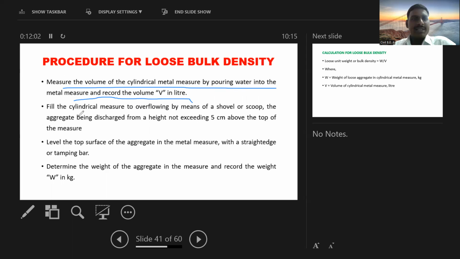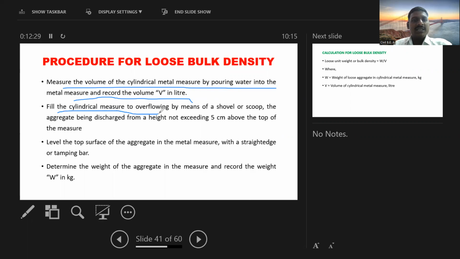Measure the volume of the cylindrical metal measure. So we have to use a cylindrical metal measure for measuring the bulk density. Measure by pouring water into the metal measure and record the volume, how much volume that cylindrical metal measure has, in liter.